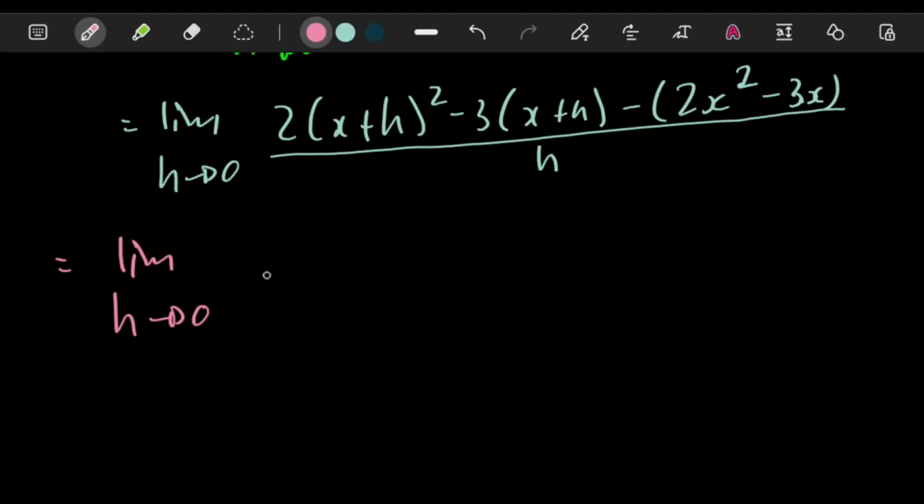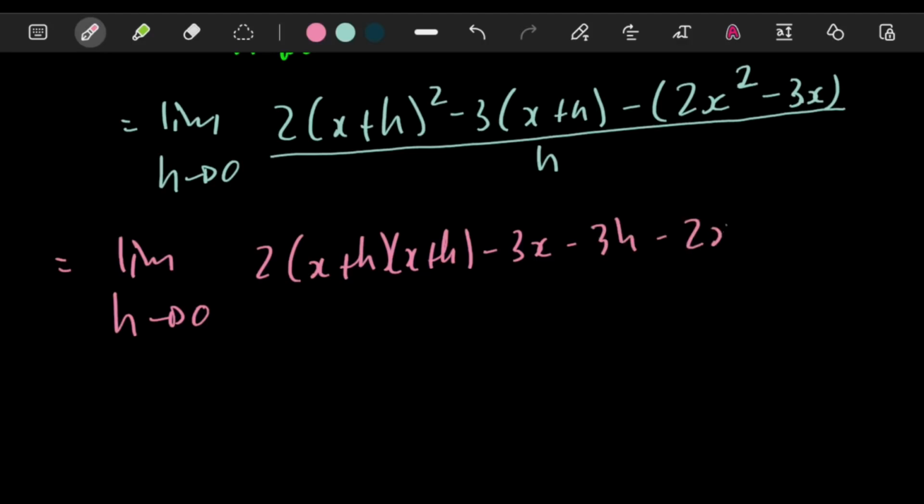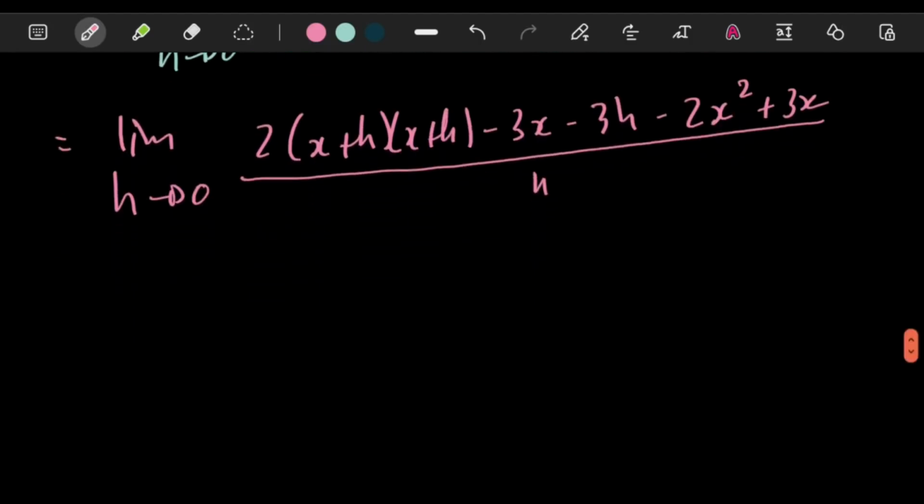If you multiply out everything, you're going to have a 2 here, then x plus h, and then 3x minus, it's a minus, minus 3h, and then negative 3h. This is 2x squared plus 3x.